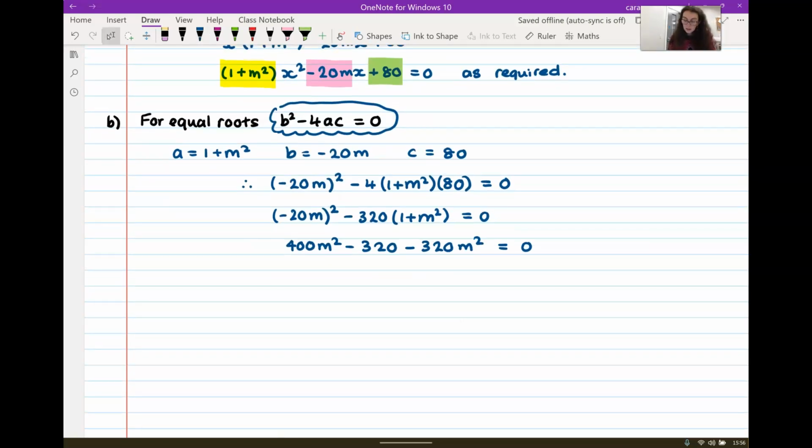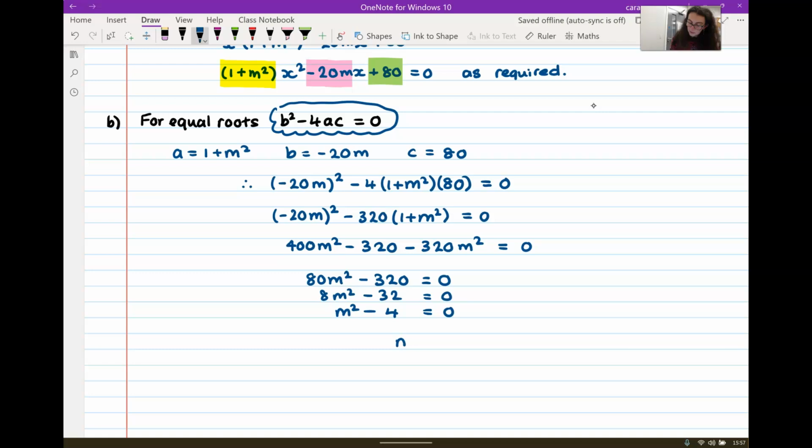I'm just going to collect like terms here, so I'm going to have 80m² − 320 = 0. And I think I might just divide by 10, only because I don't really want to reach for my calculator. And I can divide through by 8 there quite nicely.